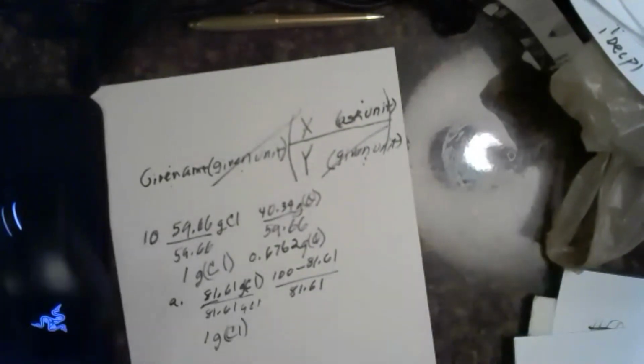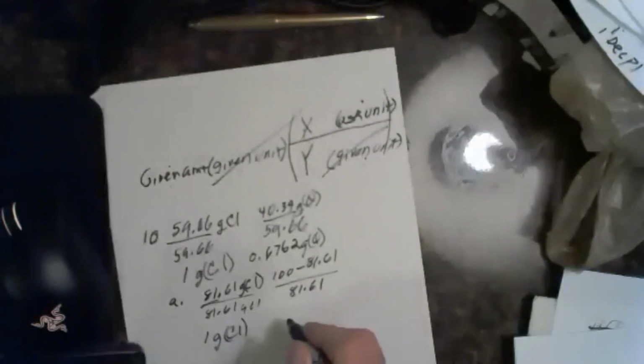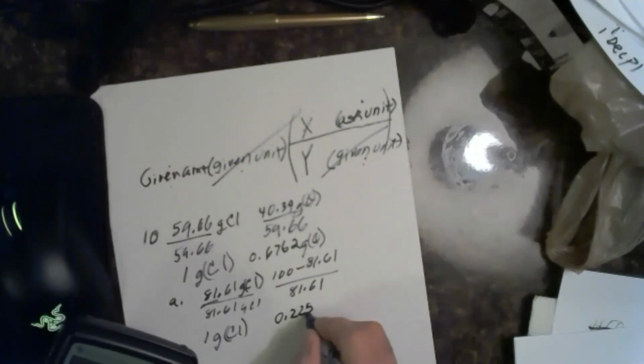How much over here? Well, it's going to be 100 minus 81.61, and that is 18.39. And now I want to divide that by 81.61, and this gives me 0.22534.